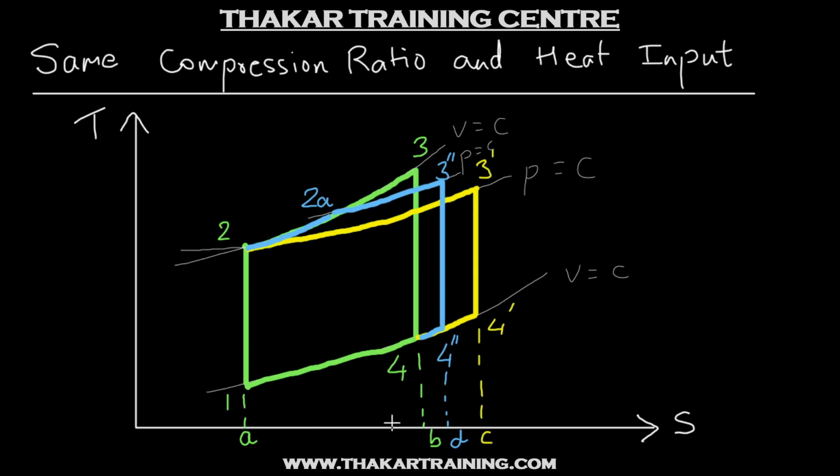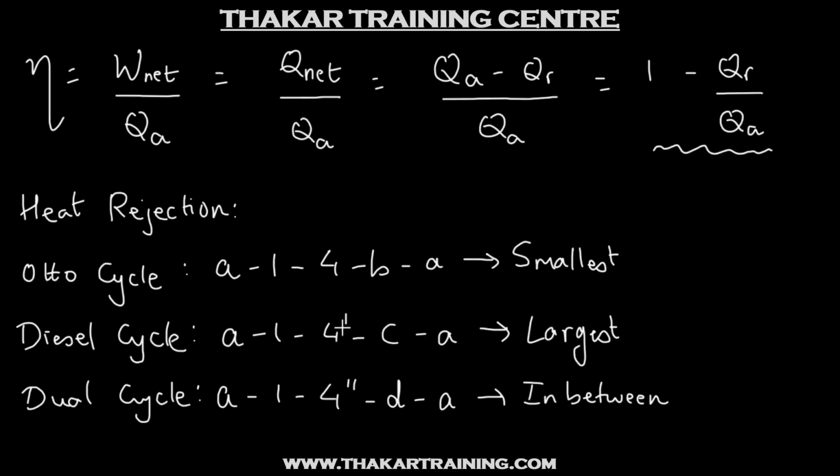In fact, when we compare for different factors, you will always find that the dual cycle will be in between Otto and diesel cycles. Anyway, coming back to the comparison, we have found that the heat rejection is smallest for the Otto cycle and largest for the diesel cycle.